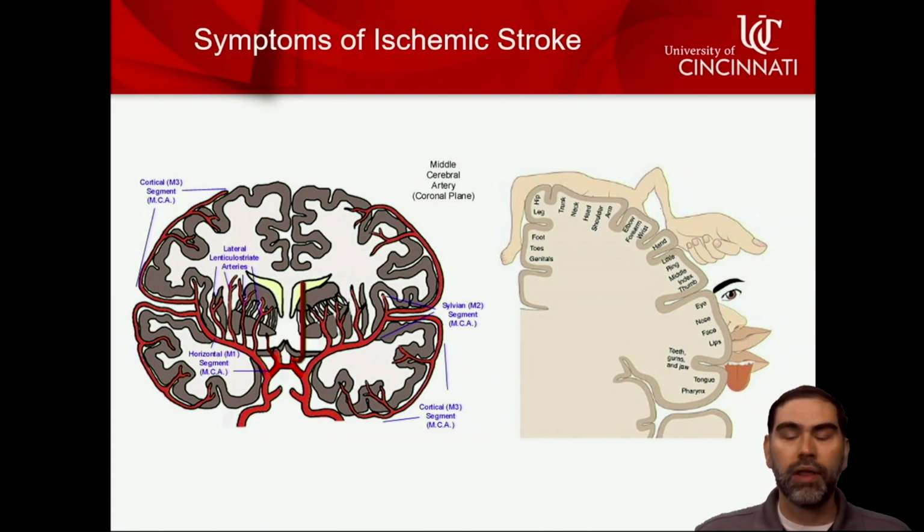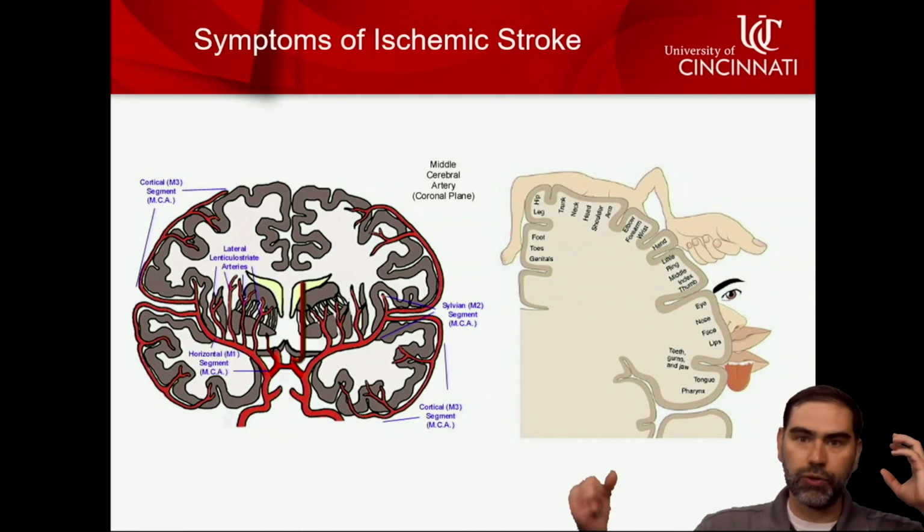Most people's handedness is on the same side of the brain as their speech center. So I'm right-handed. If I have a right-sided hemiparesis, I'm probably going to have speech changes, and that'd be a reflection of a left occlusion. Because remember, the left side of the brain controls the right side of the body, and vice versa.